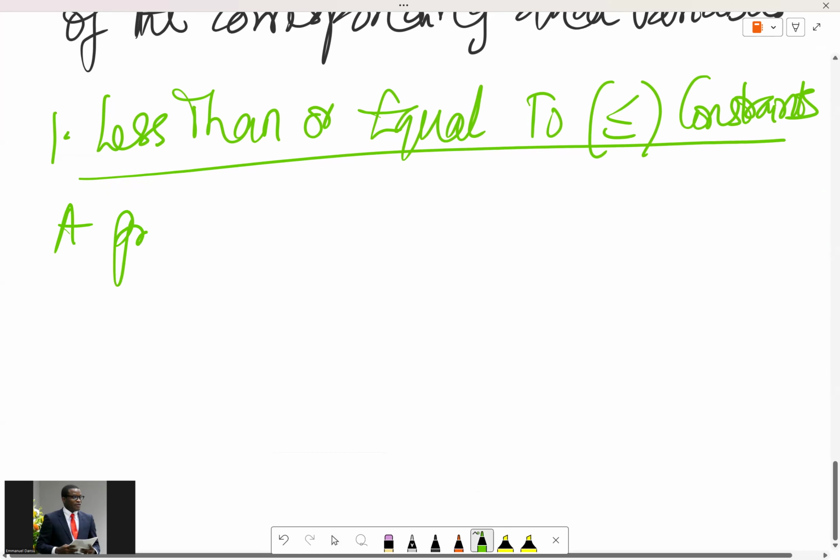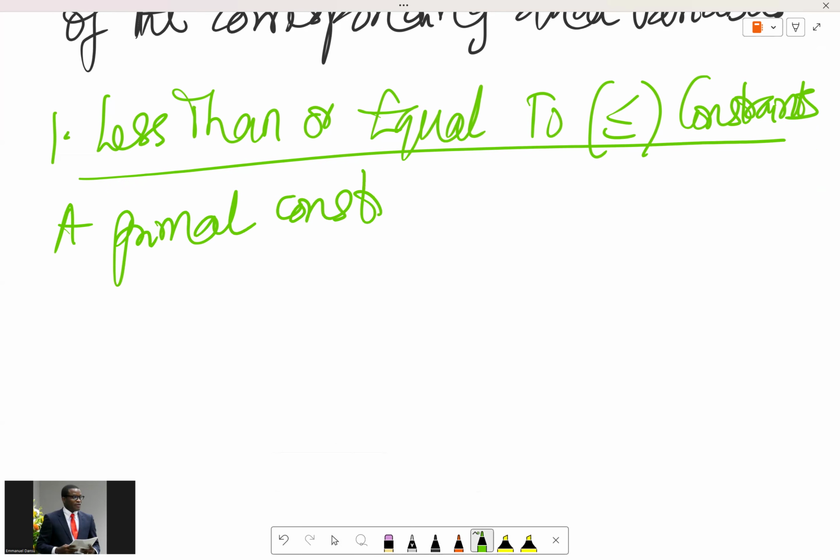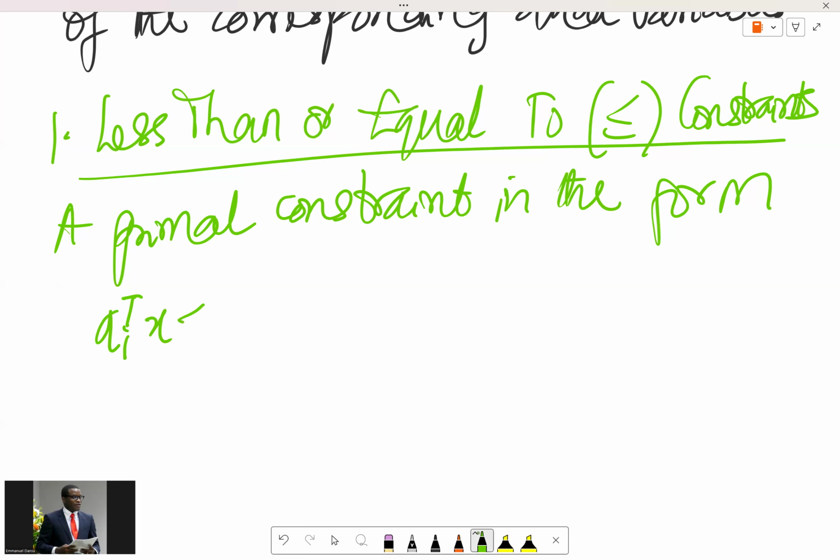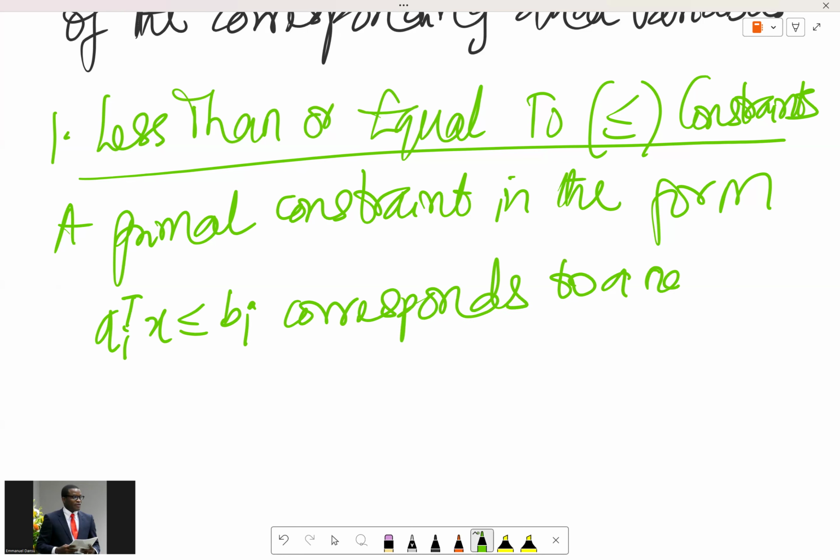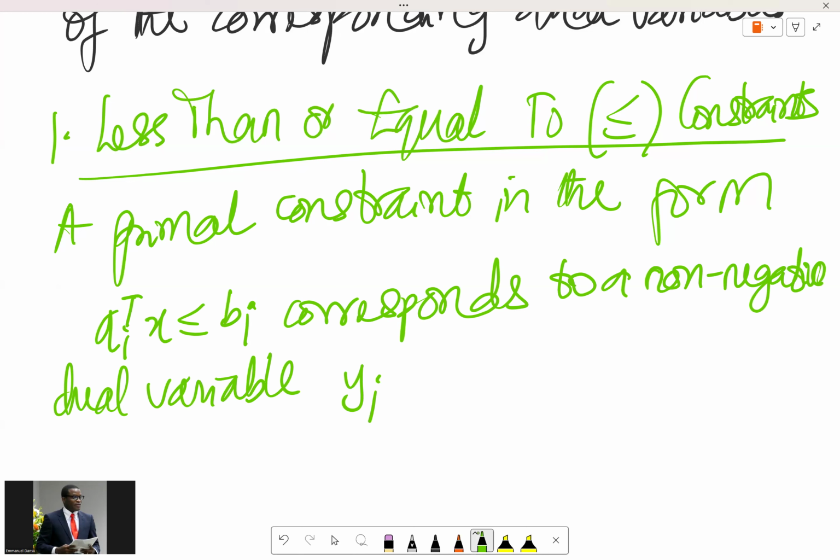So we say that a primal constraint in the form AI transpose X less than or equal to BI corresponds automatically to a non-negative dual variable, which is yi greater than or equal to 0. That's the first situation.